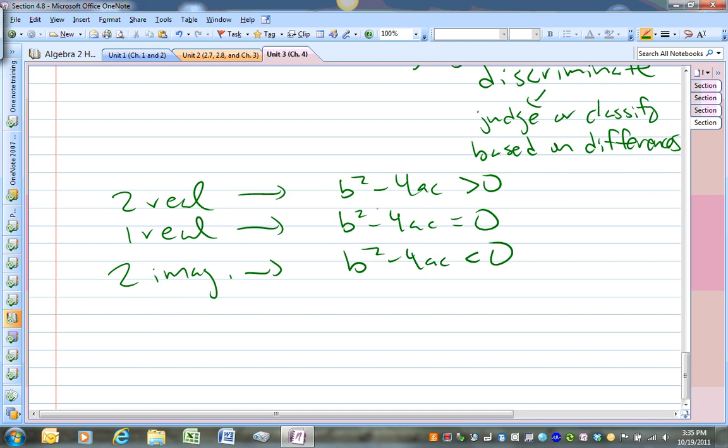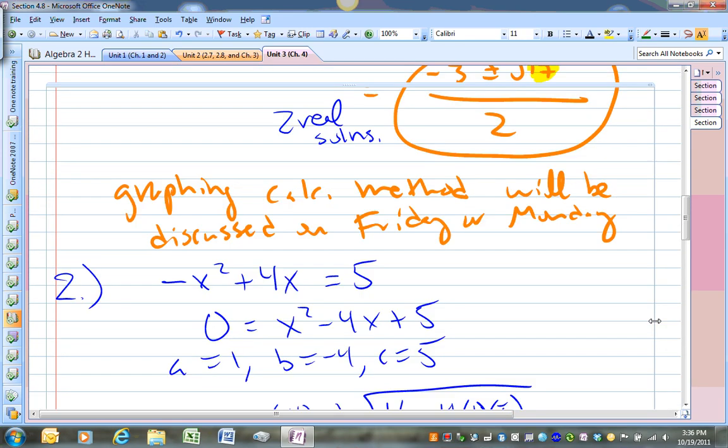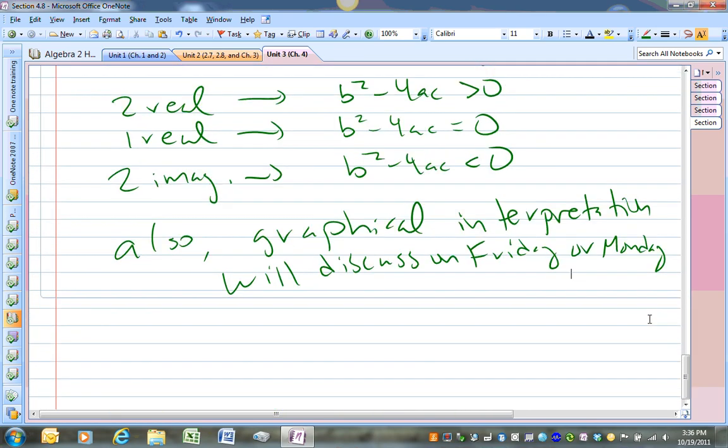There's also a graphical interpretation. We'll save that for Friday or Monday. I think it's a little too much for one video, and plus I need to do this on the calculator for you guys. So there are two things we'll discuss when I see you. We'll obviously discuss the calculator method for solving these problems, and we'll discuss interpreting the discriminant graphically on Friday or Monday.